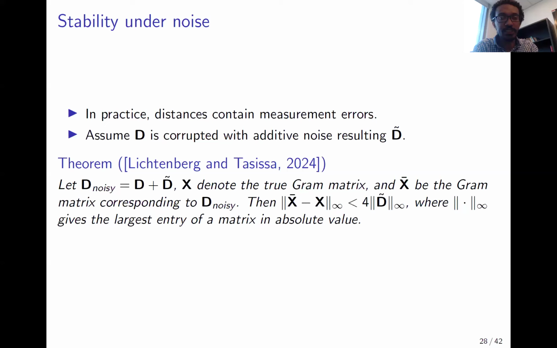So let's assume that our distance matrix is corrupted with some additive noise. I'm going to call that matrix d noisy, so d noisy is d plus d tilde. The true Gram matrix corresponding to d, I'm going to call x. And the Gram matrix corresponding to d noisy, I'm going to call x bar.